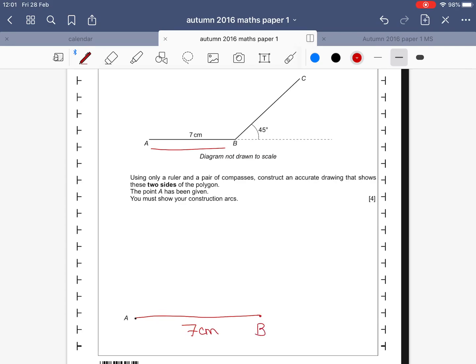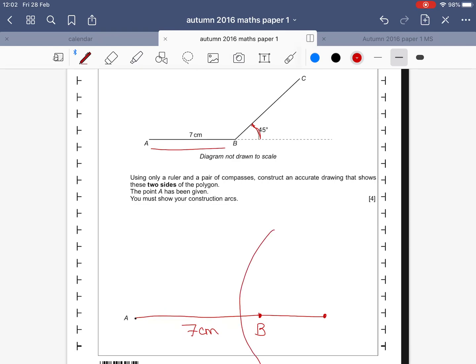Now what I need to do, because I need a 45-degree angle, it doesn't say use a protractor, so I need to use a compass. The only way to get a 45-degree angle is to halve a 90-degree angle. So I'm just going to extend my line a little bit, and then I want to cut this line where it is on B. So I put my compass point here, make sure it stretches out to B, and I would draw an arc.